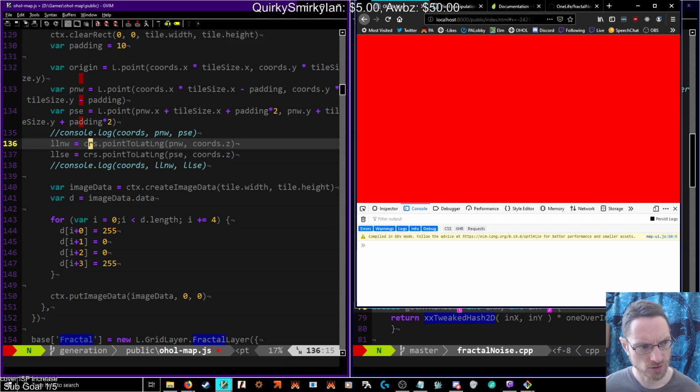Oh, are these going to be one-to-one? Because at some scale, our pixels... As you zoom out, it's not a pixel to one lat long step relationship anymore.